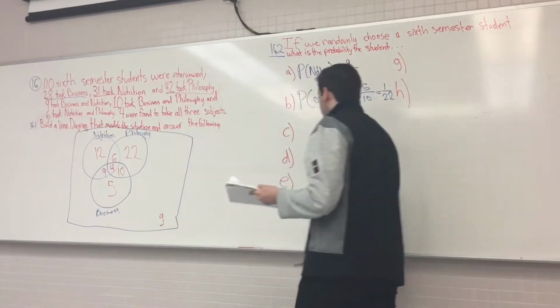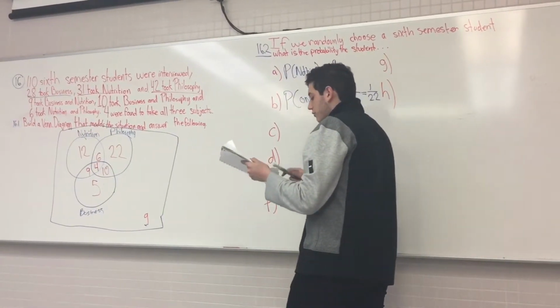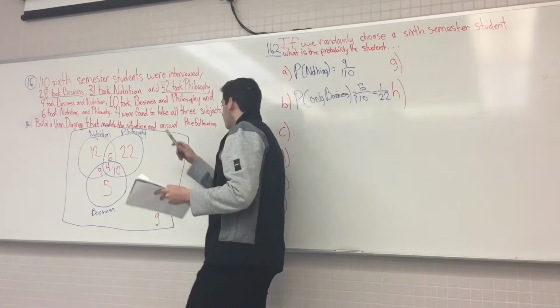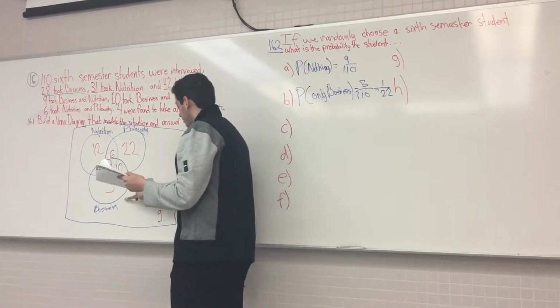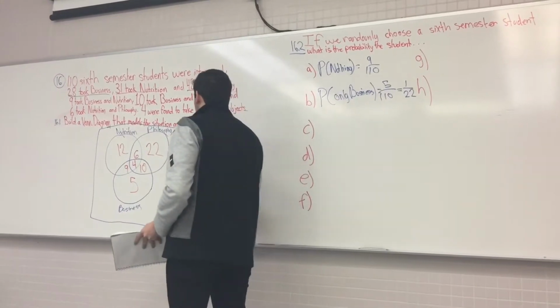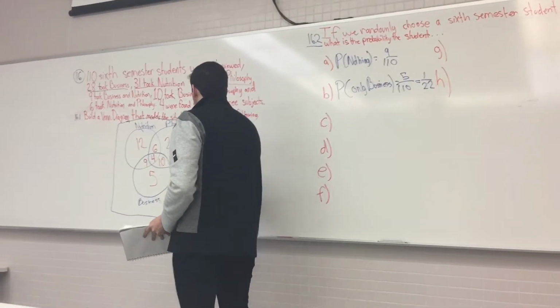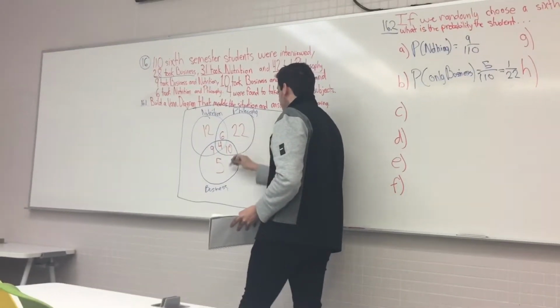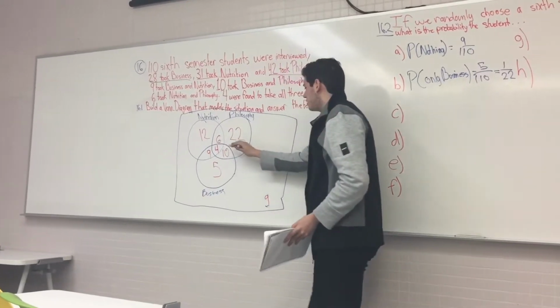Okay, now for letter C, we'll look for students that took philosophy and business, no nutrition. So it will be basically the intersection of philosophy and business, which will be 10.